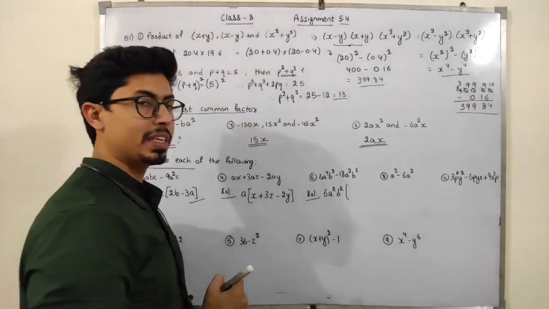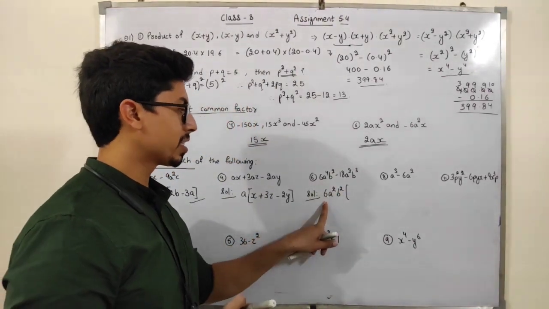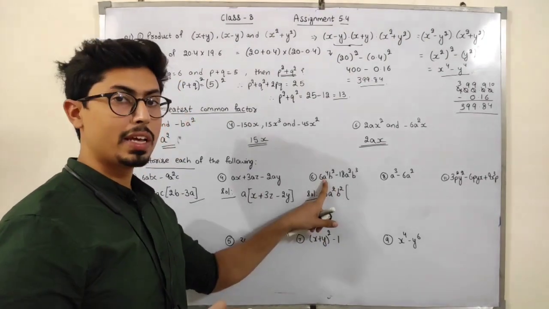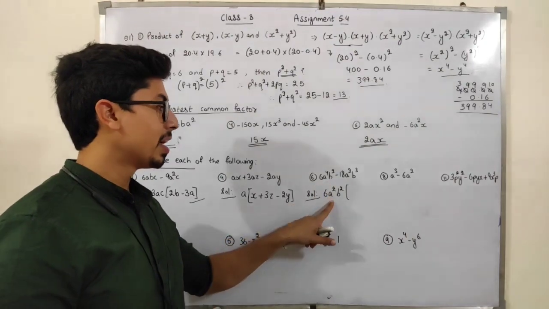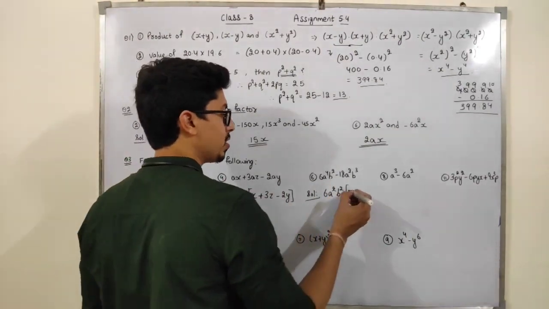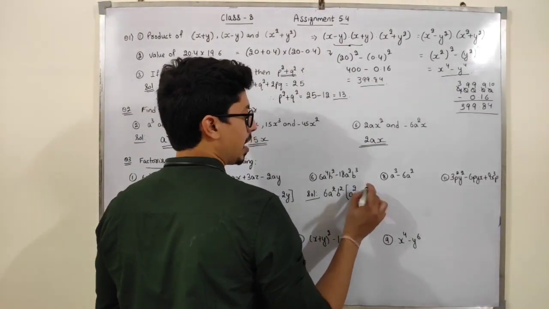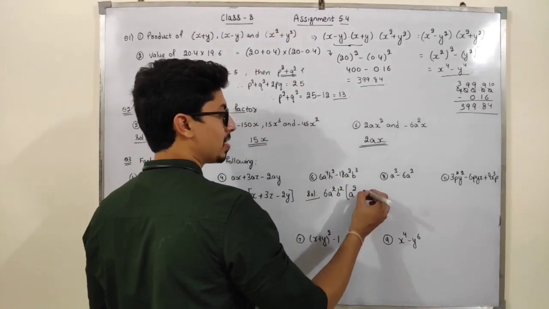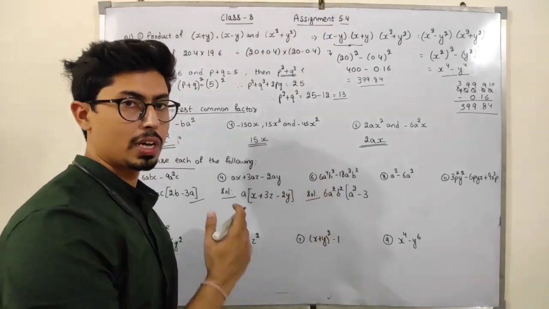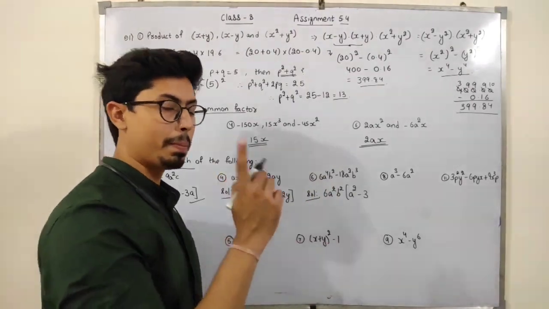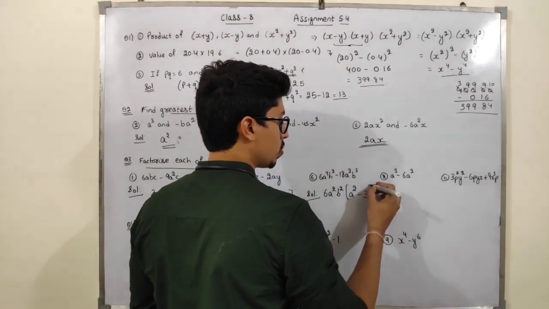So the only number that is left is c. This came out, this came out. So the only number, see, a raised to power 4 is here, but a square comes out, that means a square is left now. And out of this 18, 6 comes out, that means 3 is left. Out of b cube, b square is out now. So number that is left is b. So this is our answer.